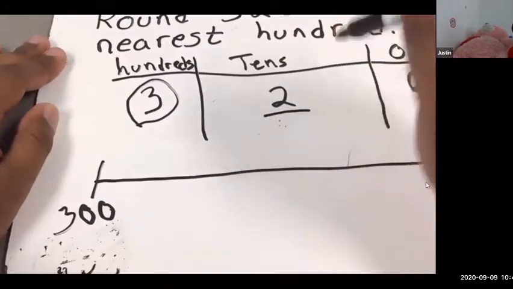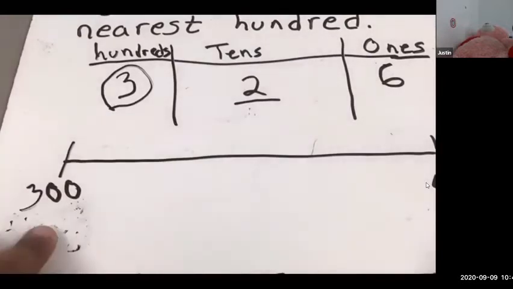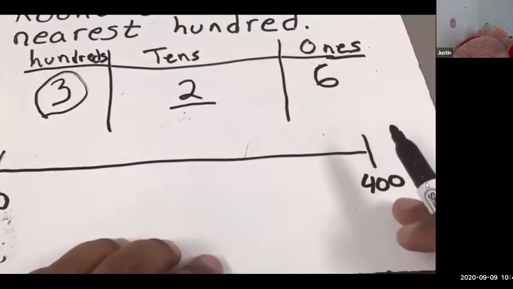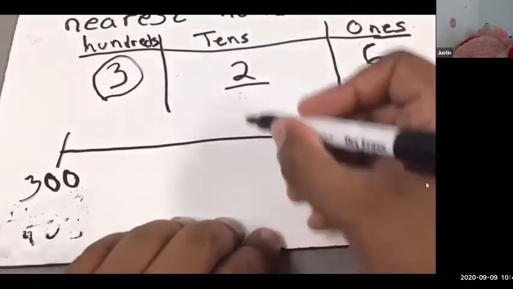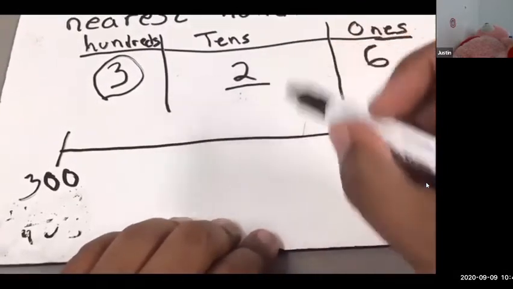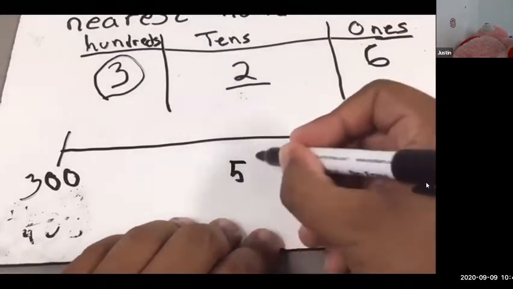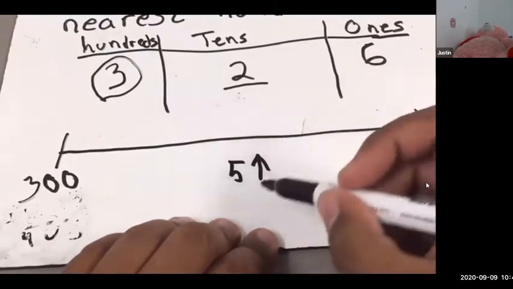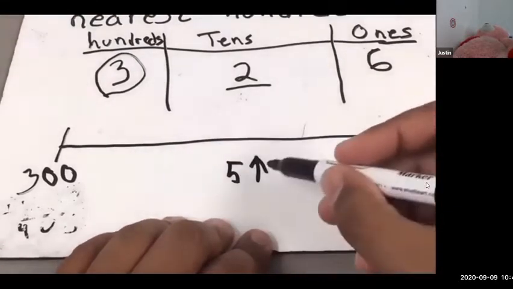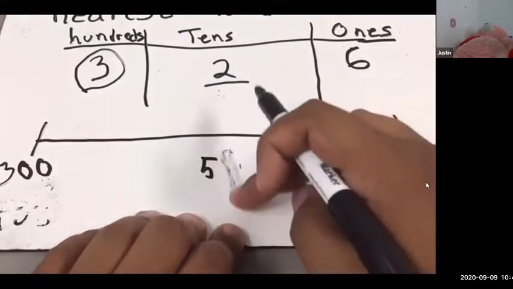The tens place is going to help us decide whether we go with 300 or we go with 400. The rule is, if this digit right here, the tens digit, is 5 or above, push up this way. You want to go up, forward. No, push forward.